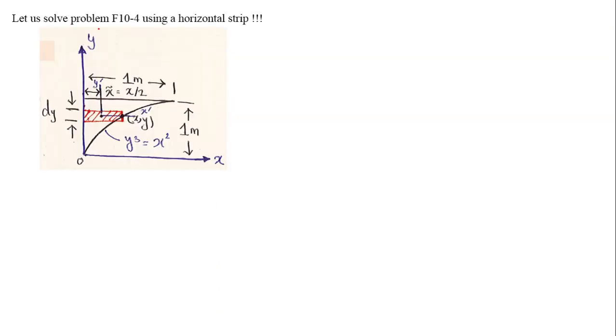So let us solve problem F10-4 using a horizontal strip now. So you see here that I have considered a horizontal strip. Now this time the strip is actually parallel to the x-axis, instead of being parallel to the y-axis. But I'm still calculating Iy. My purpose is still to calculate Iy.